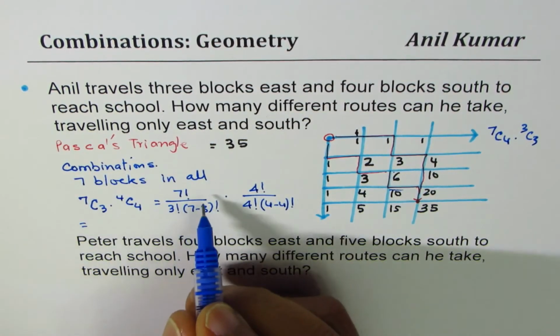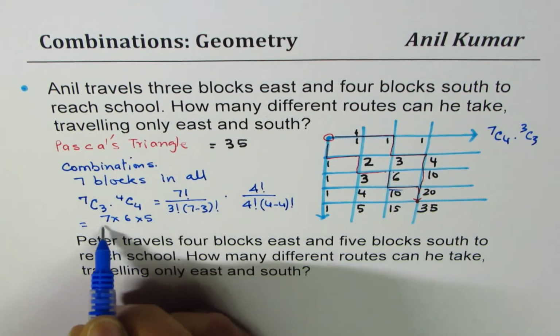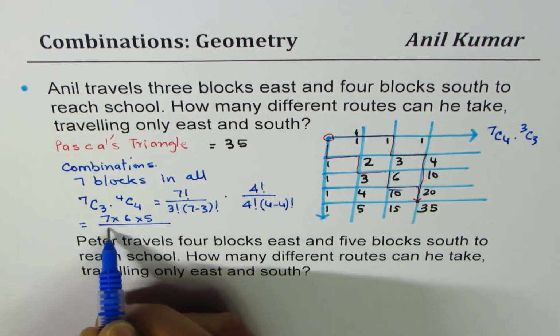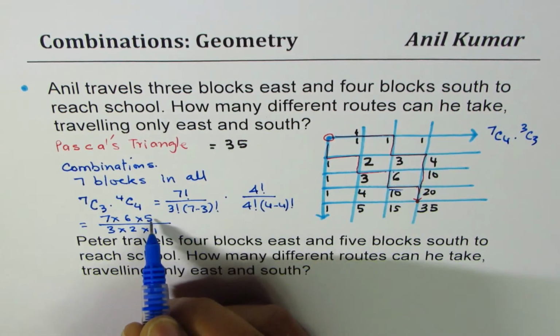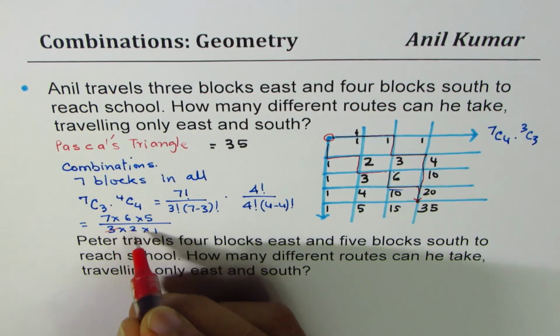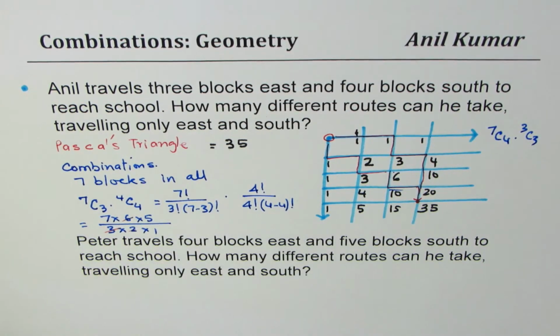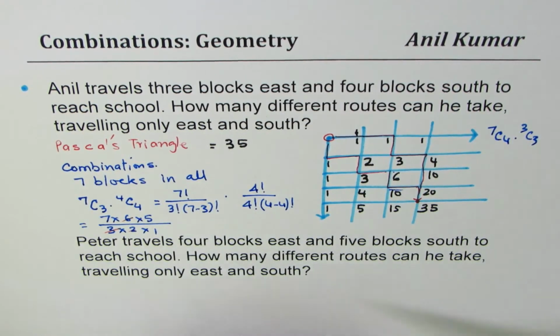So let's calculate this. So we get 7 times 6 times 5 divided by 3 times 2 times 1. 7 minus 3 factorial, so no need to write those. And 3 times 2 is 6, cancel out. So what are you left with? 7 times 5, and that is of course 35. Okay, let me write that also.